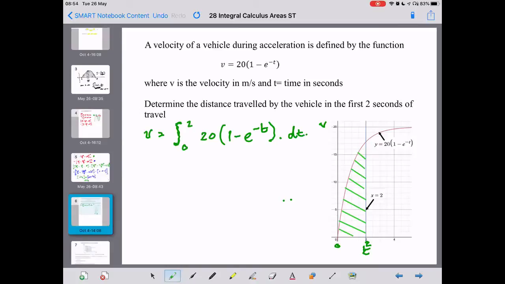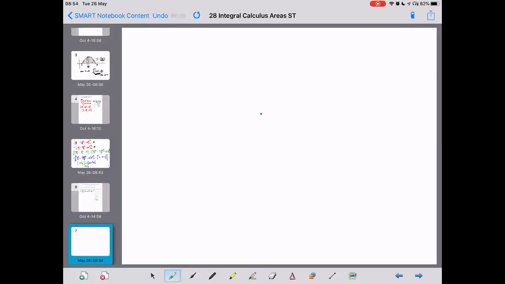So what's the first thing I can do with that integral? I'm just going to go on to a new page. We've got the integral between 0 and 2 of 21 minus e to the minus t dt. What's the first thing I can do to simplify that a bit?